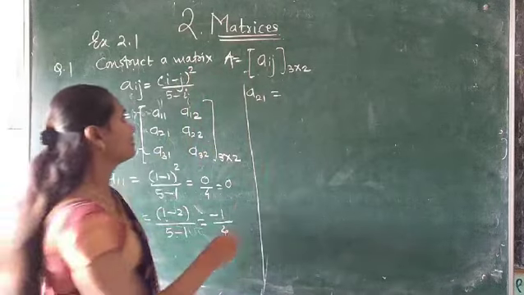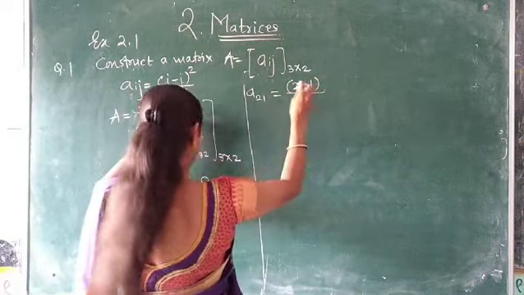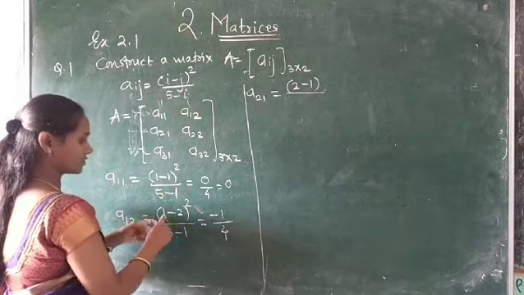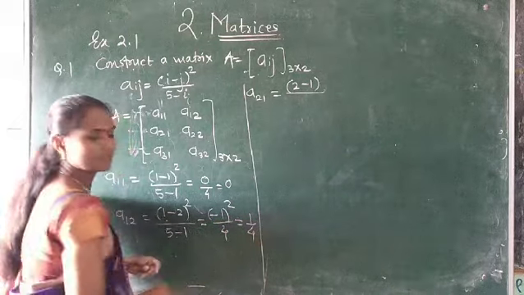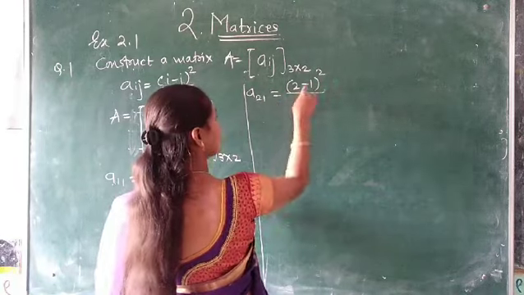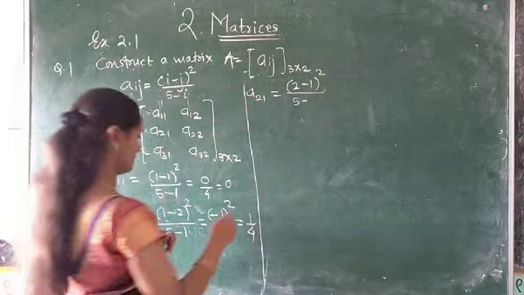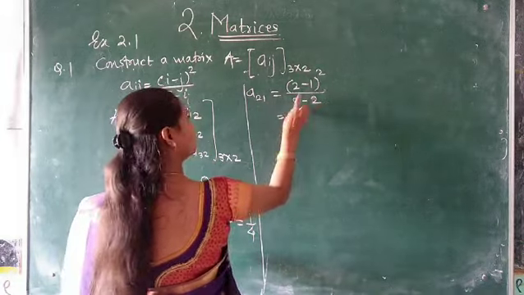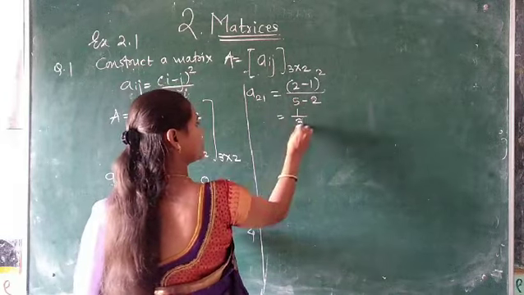So (2 minus 1) square, divided by 5 minus i. Here we have to take the square, so 2 minus 1 is 1, and 1 square is also 1. Then 5 minus 2 is 3, so 1 upon 3.